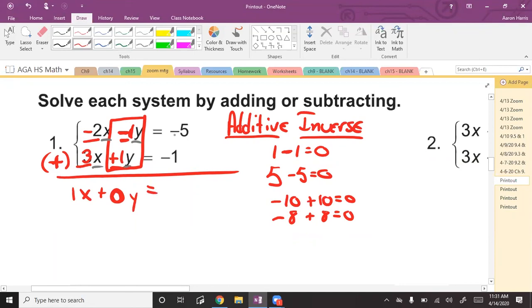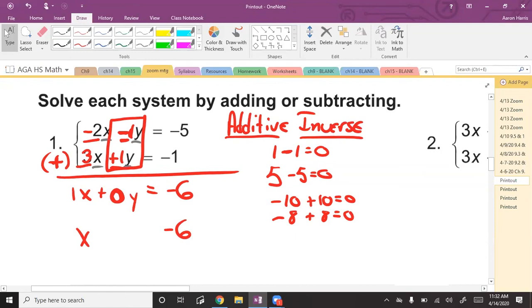Here's my equals. What's -5 plus a -1? -6. And 0 times y is what? 0. So what am I left with? x equals what? -6. You see how easy that was?